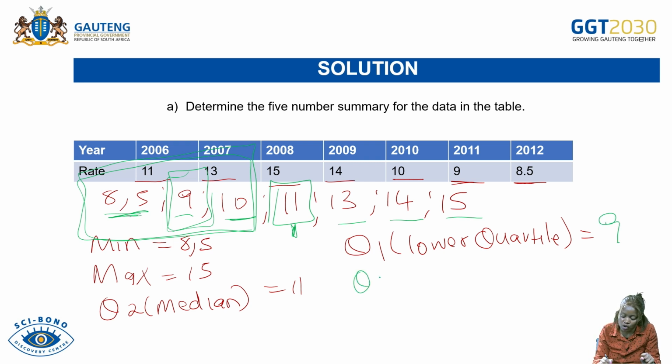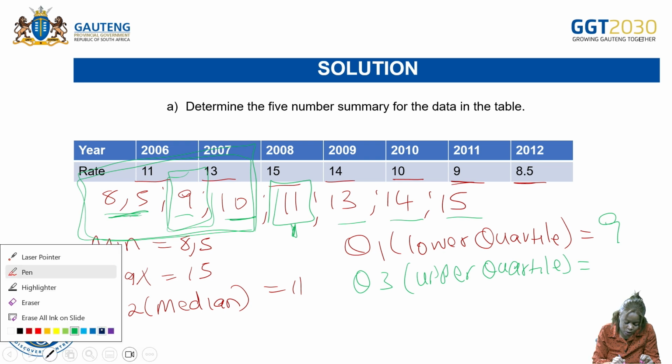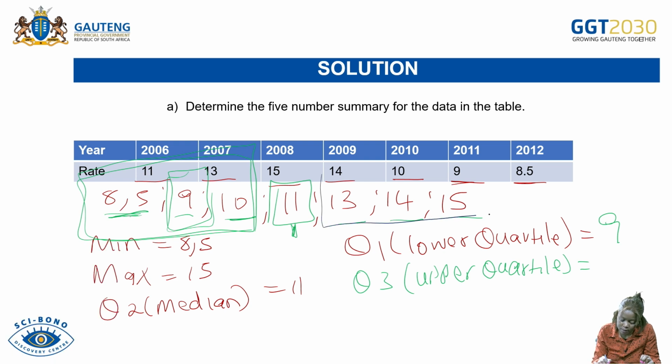Okay, and then your Q3, which is the upper quartile, there you know that we are talking about the median of your upper half of your data set. So if I'm looking at my upper half of the data set, this is the upper half of the data set, because you have to exclude the median.